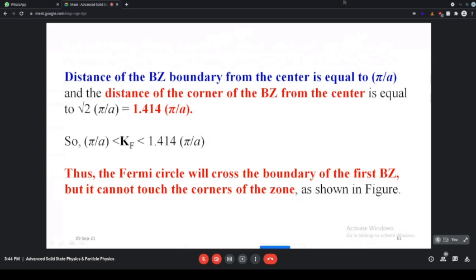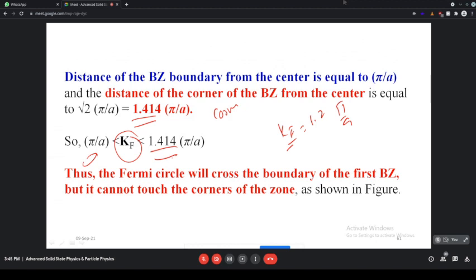Okay, what we have calculated is the distance between the center and the corner. That is equal to this much. We have drawn the Fermi surface with a value of Kf equal to 1.2 pi by a something. It means this value Kf is greater than pi by a, but it is less than the distance from the corner.